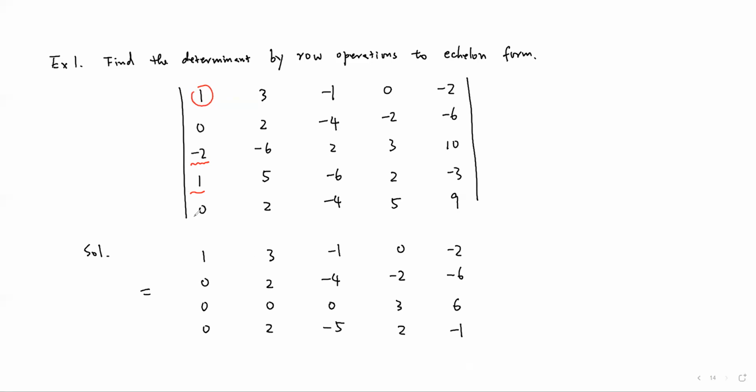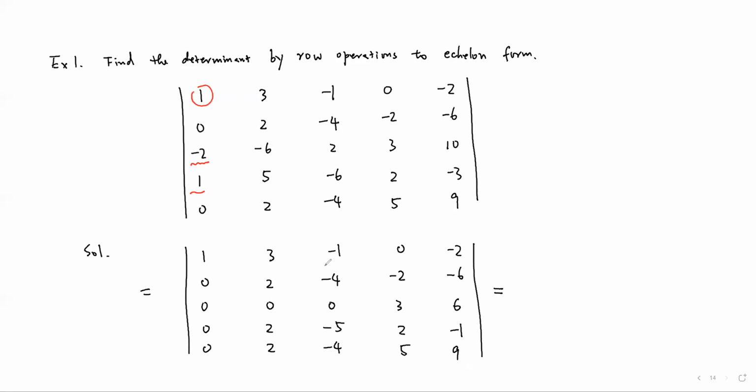And here is already 0, so the bottom row is not changed. Determinant is a number, so this number is equal to this number.